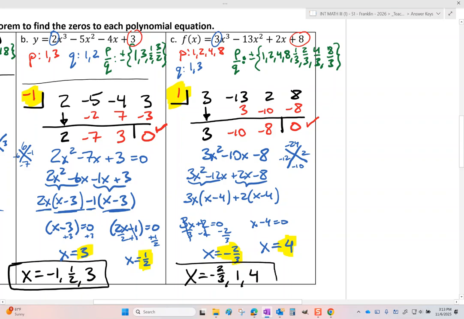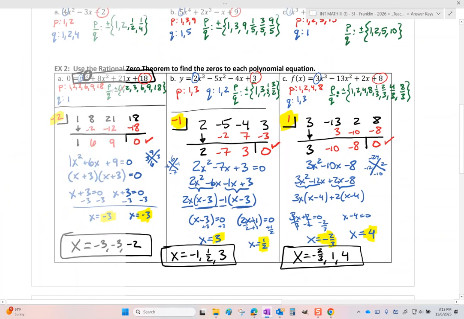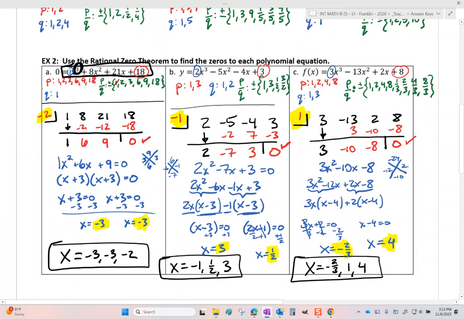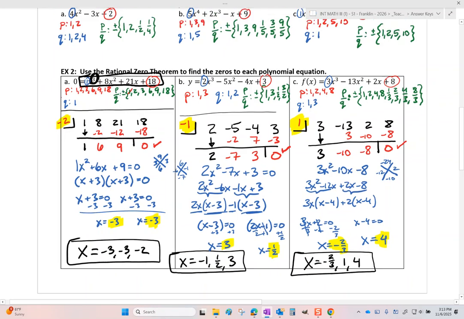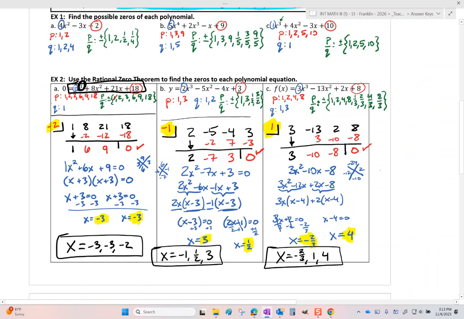There we go. So the rational zero theorem. It's a lot of work. It's a multi-step problem. Generate your list of p over q possible zeros. Test those zeros in synthetic division until you find a zero. And then factor what's left. Or again, you could use the quadratic formula.